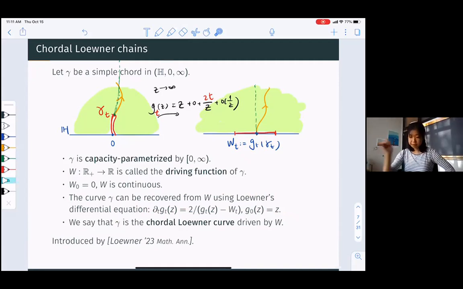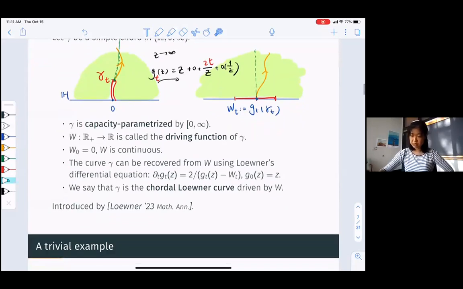If you haven't seen this, it's hard to grasp what it is doing, but just keep in mind that there is a way to encode simple chords into a real valued function. That will be sufficient for our class.